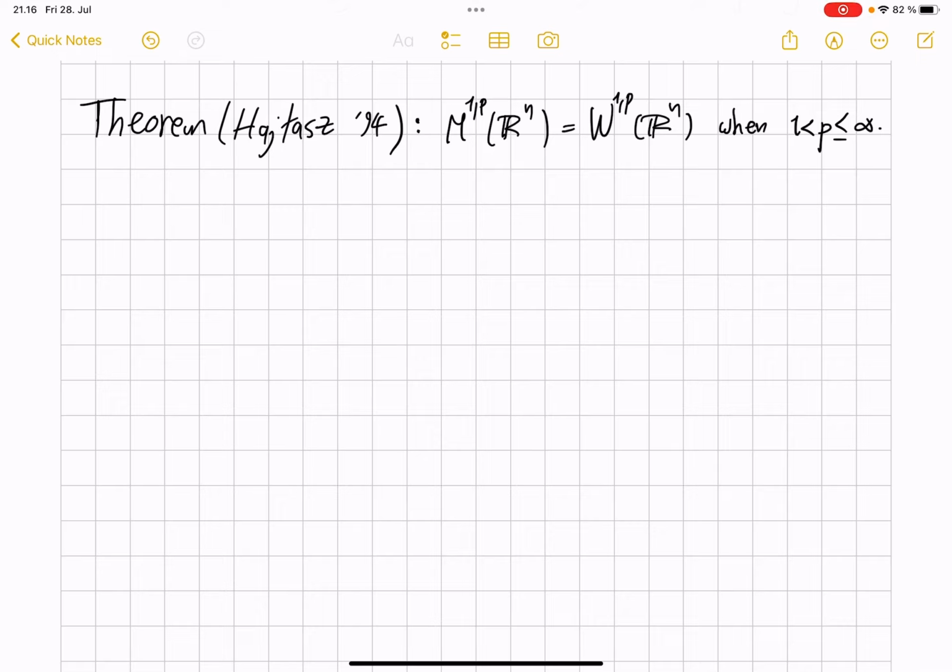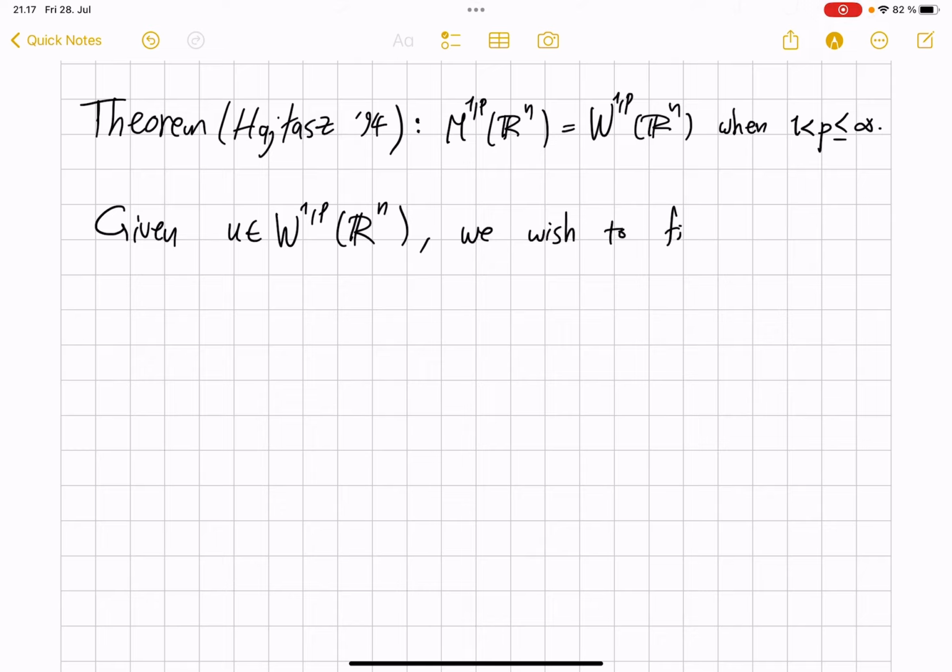Today what we will show is that, given a function u in W^{1,p} of R^n, so a classical Sobolev function, it has L^p integrable partial derivatives, weak derivatives. Given this, we wish to find the Hajlasz gradient.